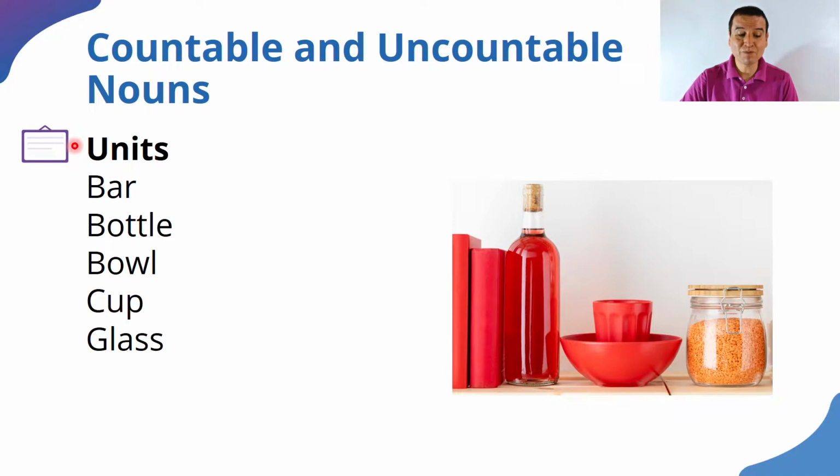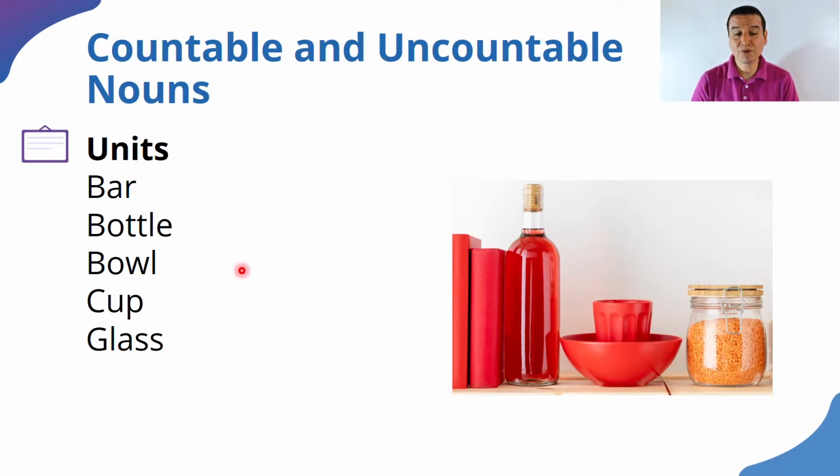And for example, if we cannot quantify 1 soap, 2 soaps, we can say 1 bar of soap. All right? We cannot say 1 cereal, 2 cereals, but we could say 1 bar of cereal, and we can also say 2 bars of cereal, 3 bars of cereal, etc. All right? For water, we cannot say 1 water, 2 waters, but we can say 1 bottle of water, 2 bottles of water.